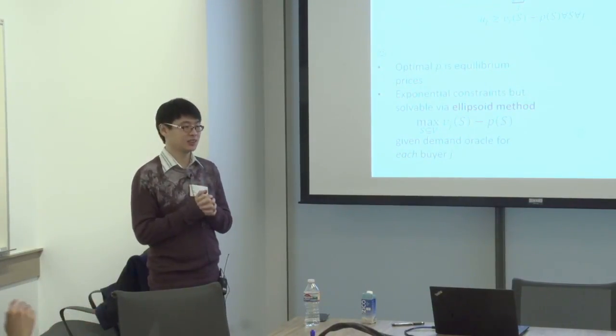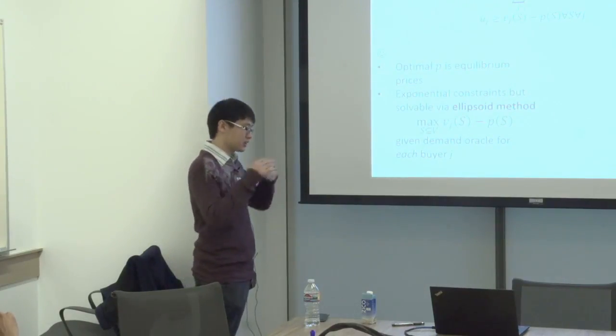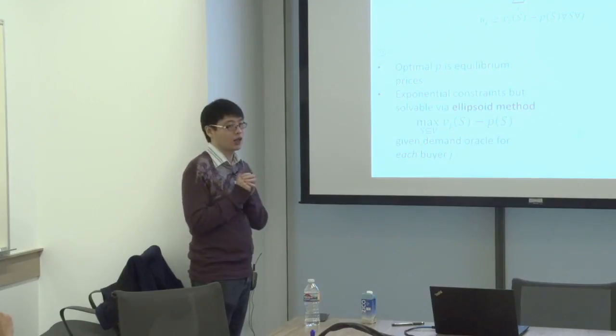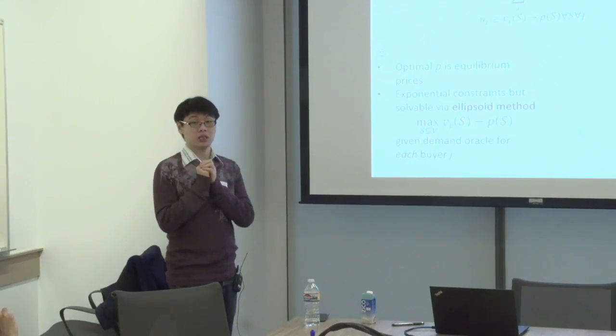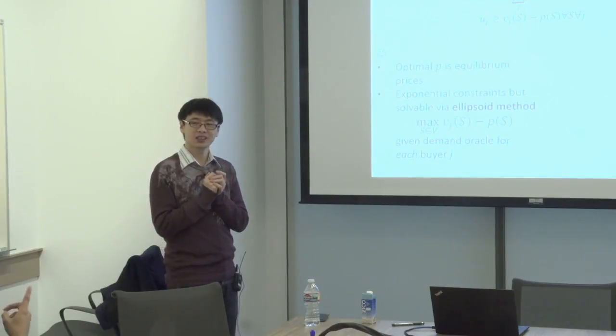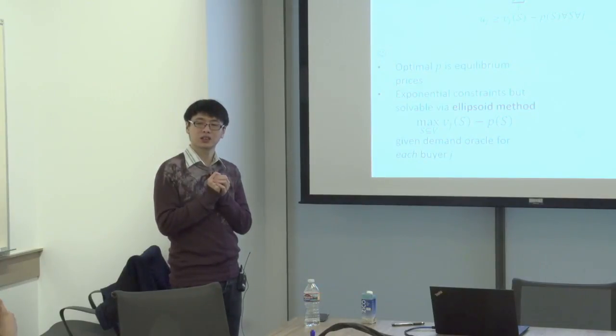Well, in the fractional sense, it's actually in the integral too. The variables are fractional, that's okay. You get the prices out of this. But allocation is not a variable here.